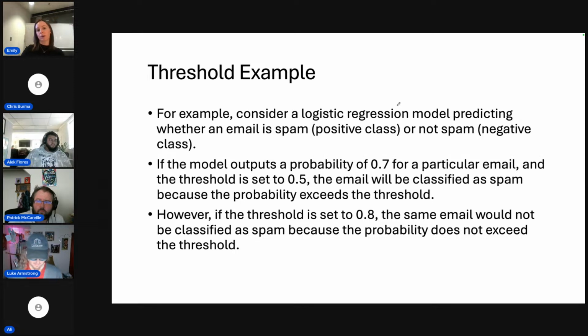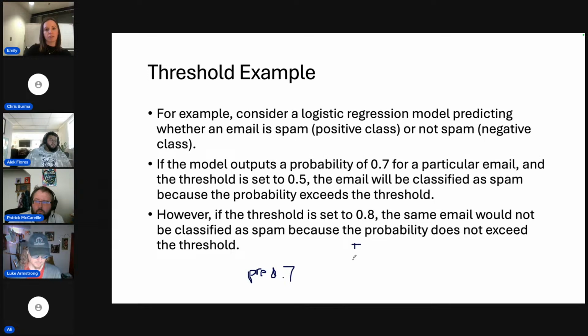However, if we set the threshold to 0.8, let me see if I can just draw this. We have a probability, prob, of 0.7.